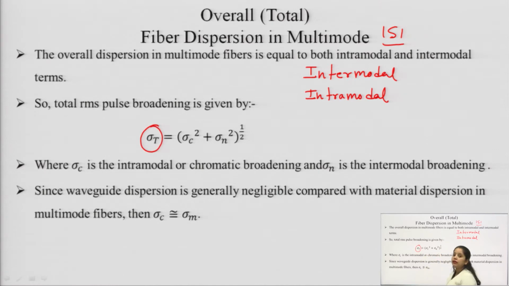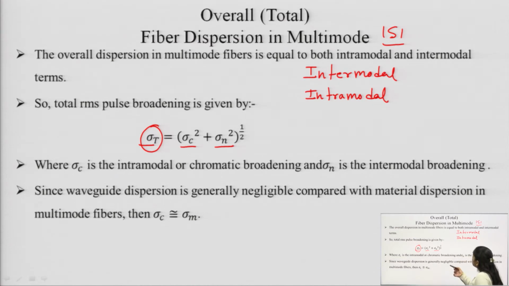We know that dispersion is represented in the form of pulse broadening, that is RMS pulse broadening. So, sigma t represents the total RMS pulse broadening, and that is equal to the square root of sigma c square plus sigma n square.